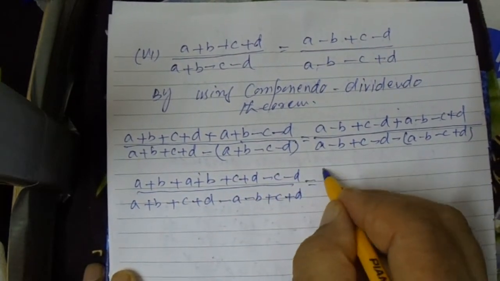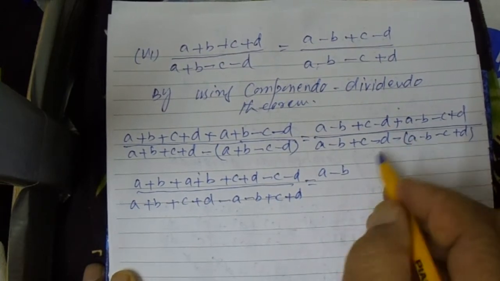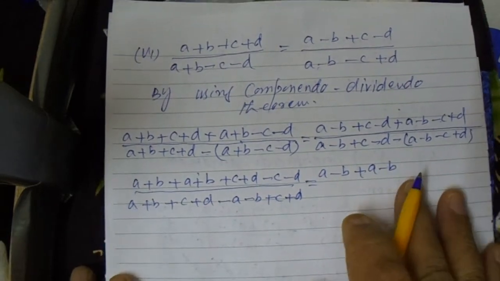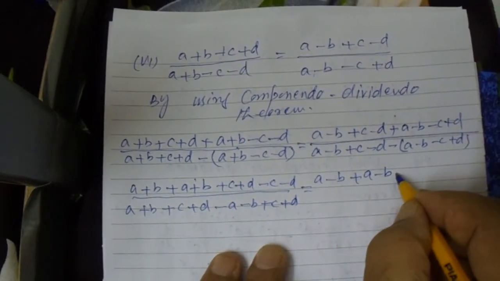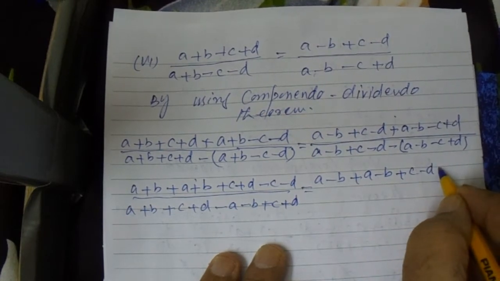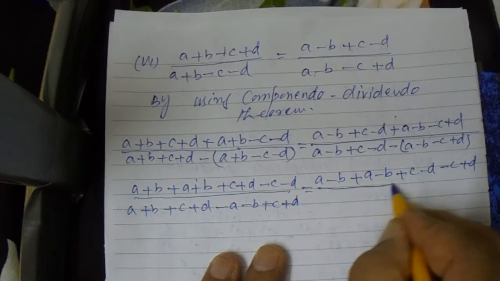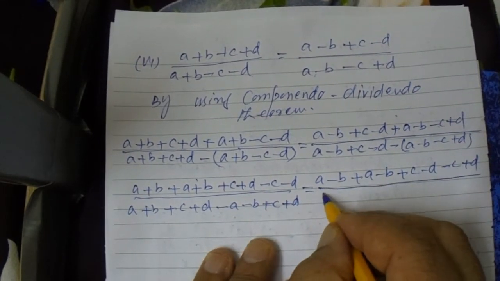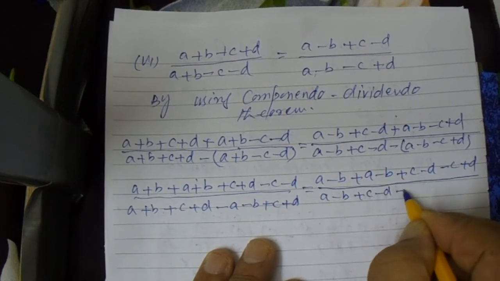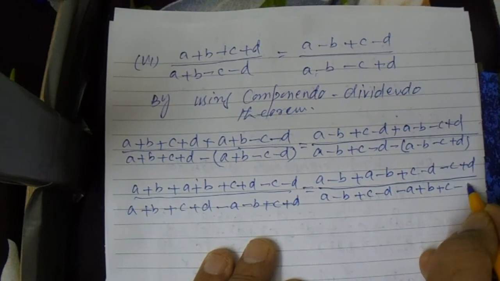The numerator is A minus B plus A minus B, plus C minus D and minus C plus D. In the denominator, A minus B plus C minus D minus A plus B plus C minus D.